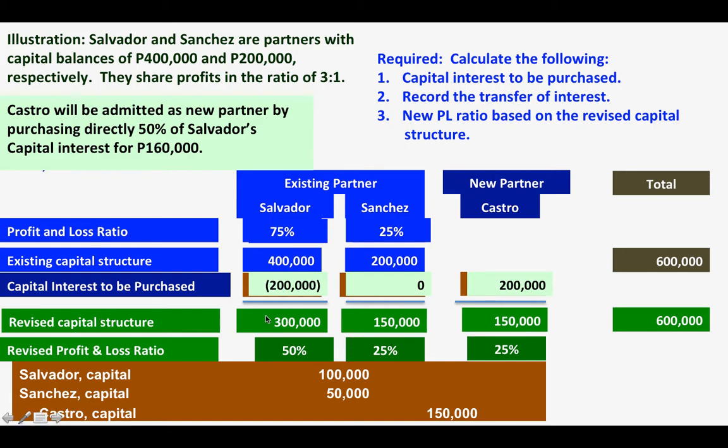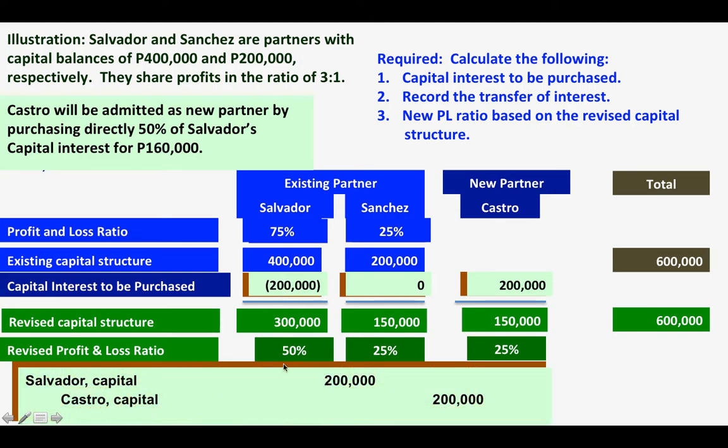So with the revised capital structure, we will have it here. Oh, by the way, this is the entry. We debit Salvador capital of 200,000 because that is the amount to be given to the new partner, and credit Castro capital at 200,000.